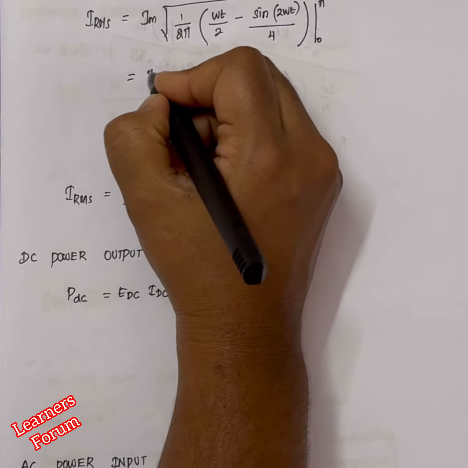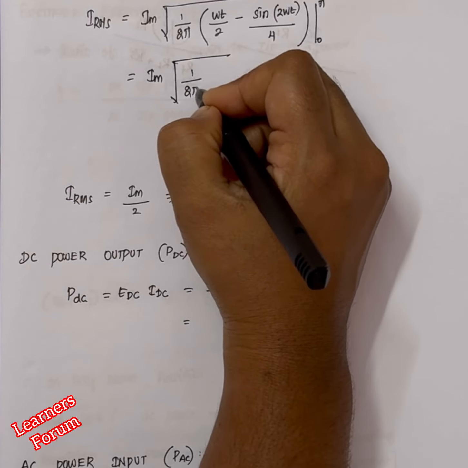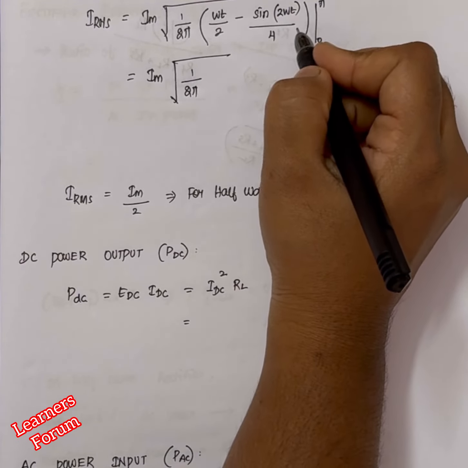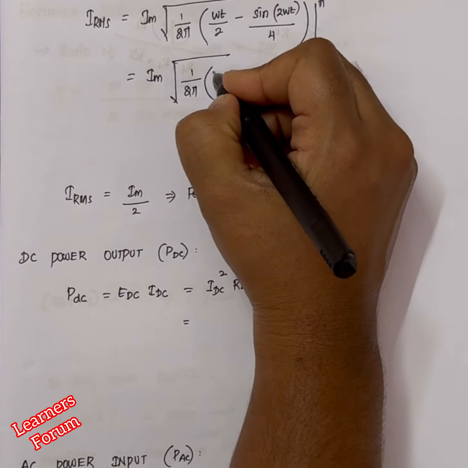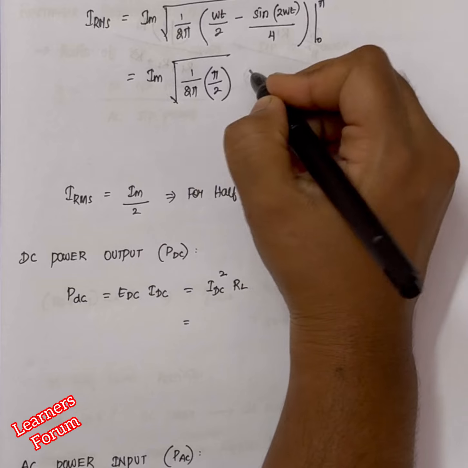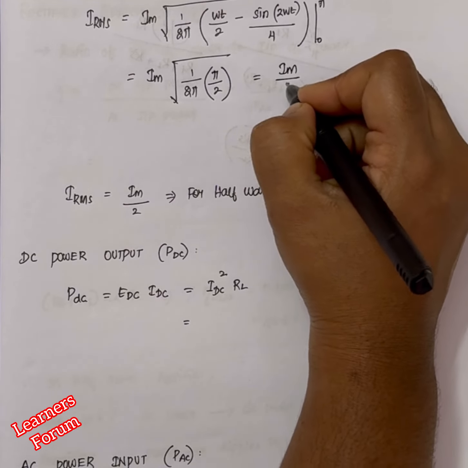Solving this further, we get Im square root of 1 by 2 pi. Simplifying this, after applying upper limit minus lower limit, we simply get pi divided by 2. So this will be simply equal to Im divided by 2.